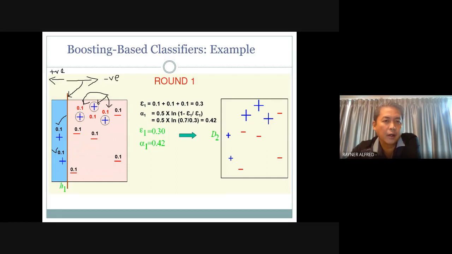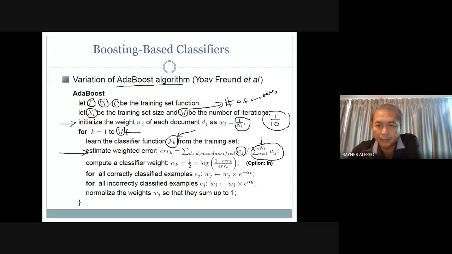Okay. So the error will be that we add up all these values, and basically it is 0.3. So if you look at the formula here, it is the weightage of all these misclassified ones, and then we divide by the total weightage that we have here.